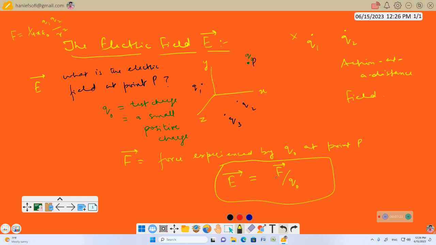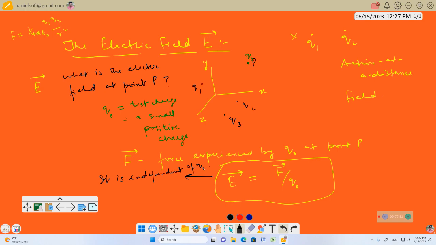When you divide by Q naught, the resulting expression, which is the electric field, will not contain Q naught. So the electric field at point P is independent of the test charge. It depends only on source charges. It will contain only source charges.